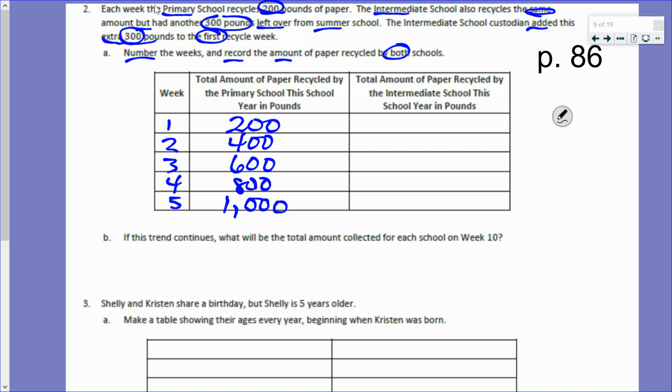However, on the intermediate school, not only do they have this amount, they have 300 that came from the summer that they added the first week. So instead of 200, my first entry is going to be 500. It's plus 300. But the next week, what did I add? 200.